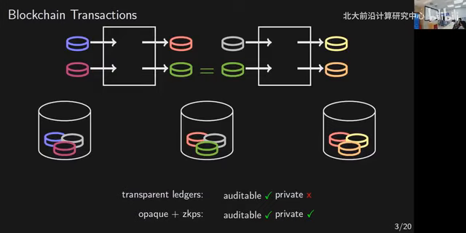And so the privacy coins using zero knowledge proofs can actually make this opaque, whereby you don't get insight into which coins are being transferred, what the value of those coins are, and so on.